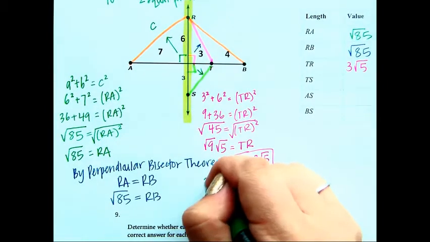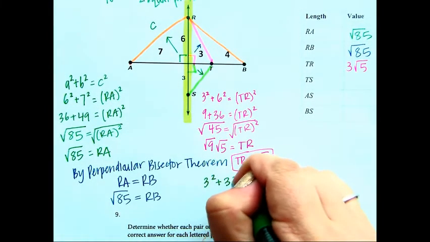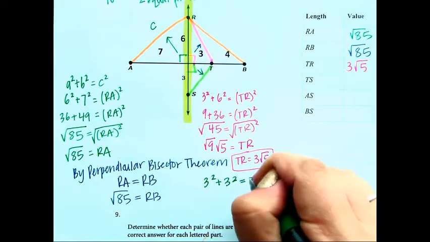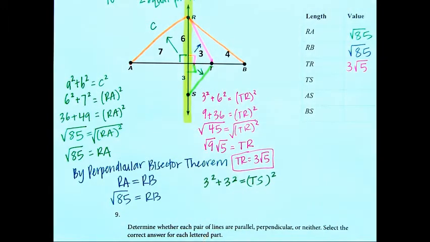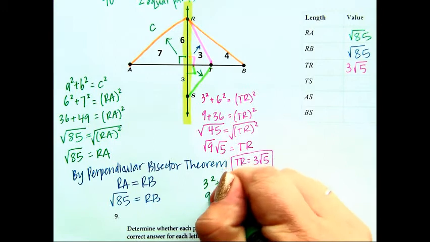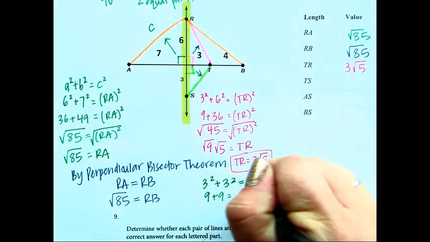So I have 3 squared plus 3 squared equals TS squared. And this gives us 9 plus 9, which is 18.